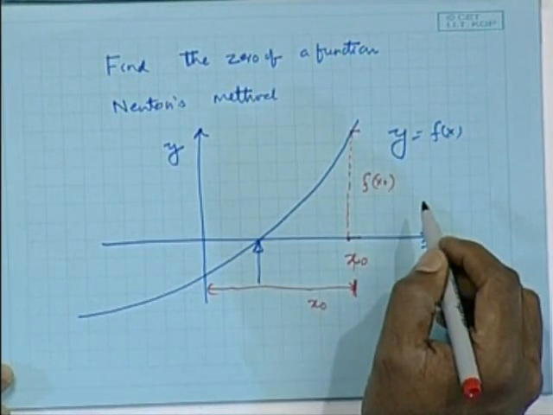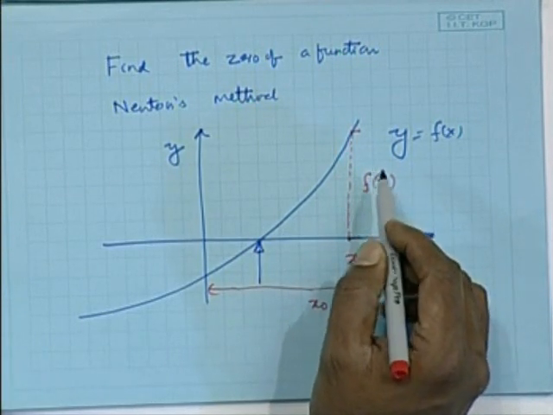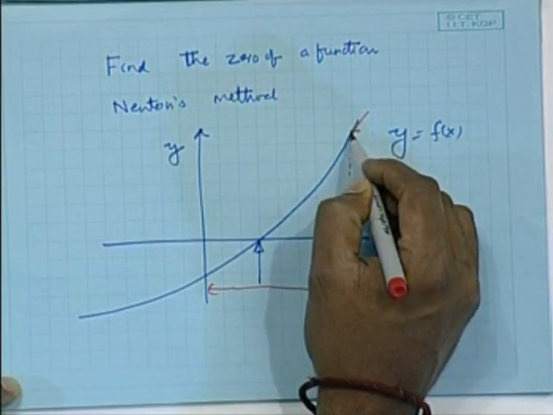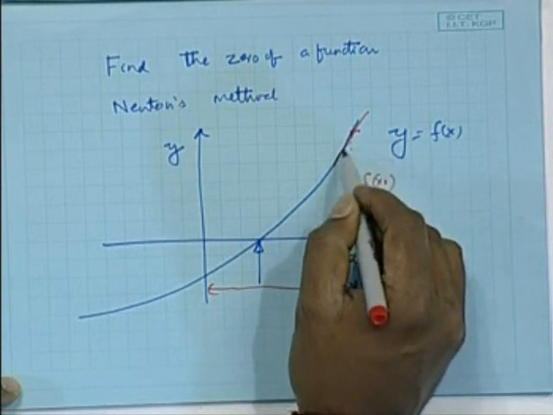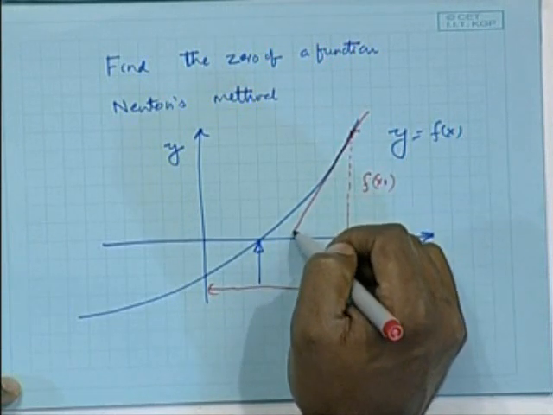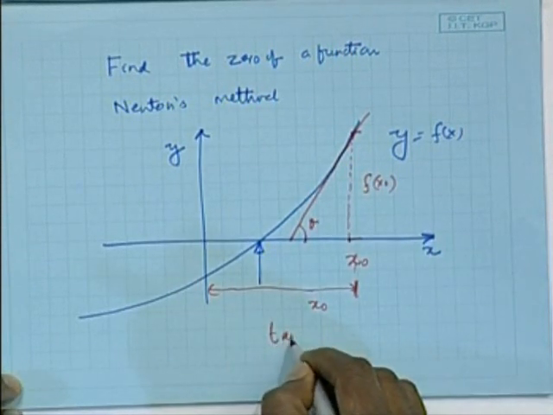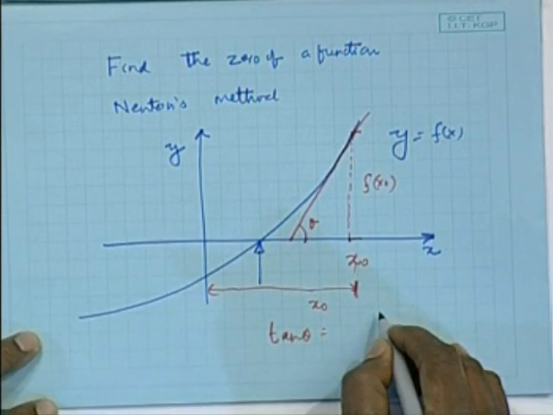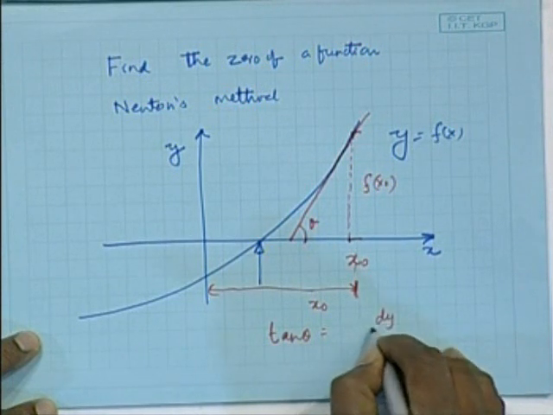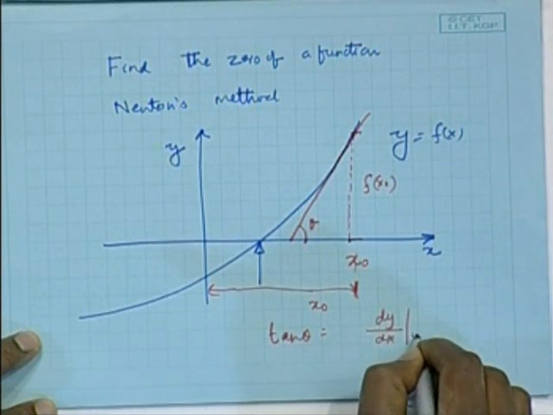Now let me differentiate this. What does differentiation of the curve give? It is actually the tangent to it. Draw the tangent first. If this angle is theta, what is tan theta? Tan theta is equal to dy by dx at x equal to x naught.